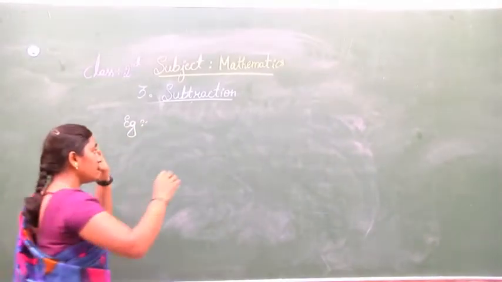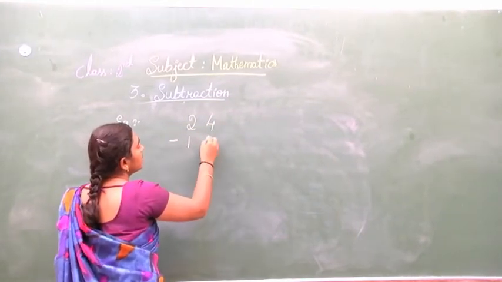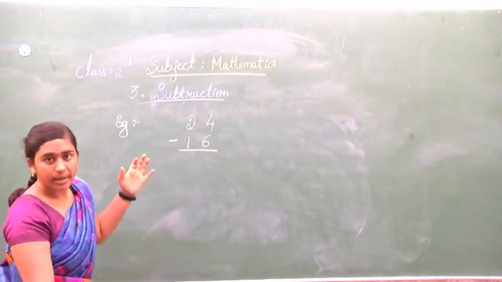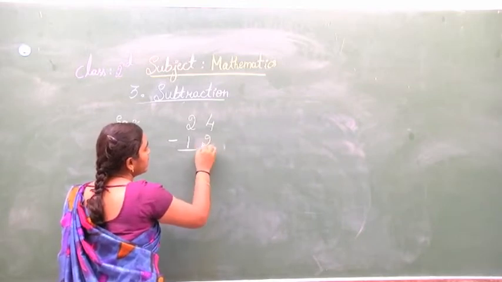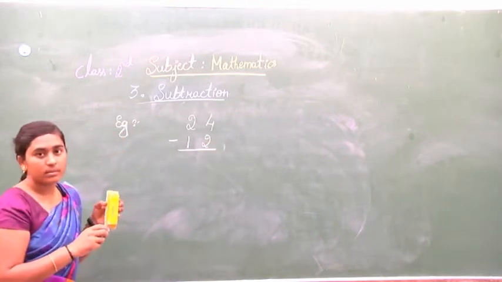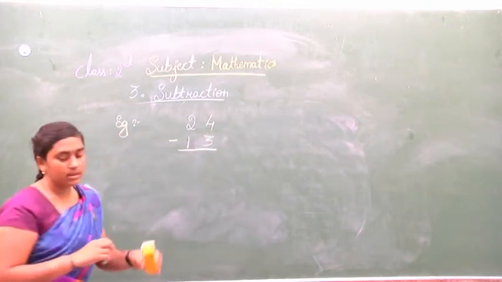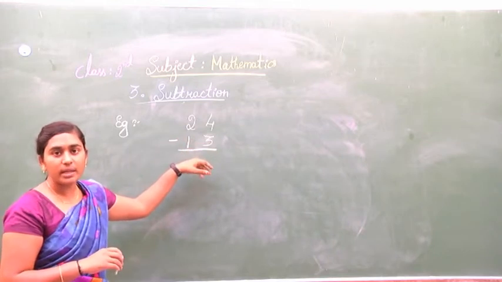Suppose the question is 24 minus 12, or let's take 24 minus 13. What will be the answer for 24 minus 13?